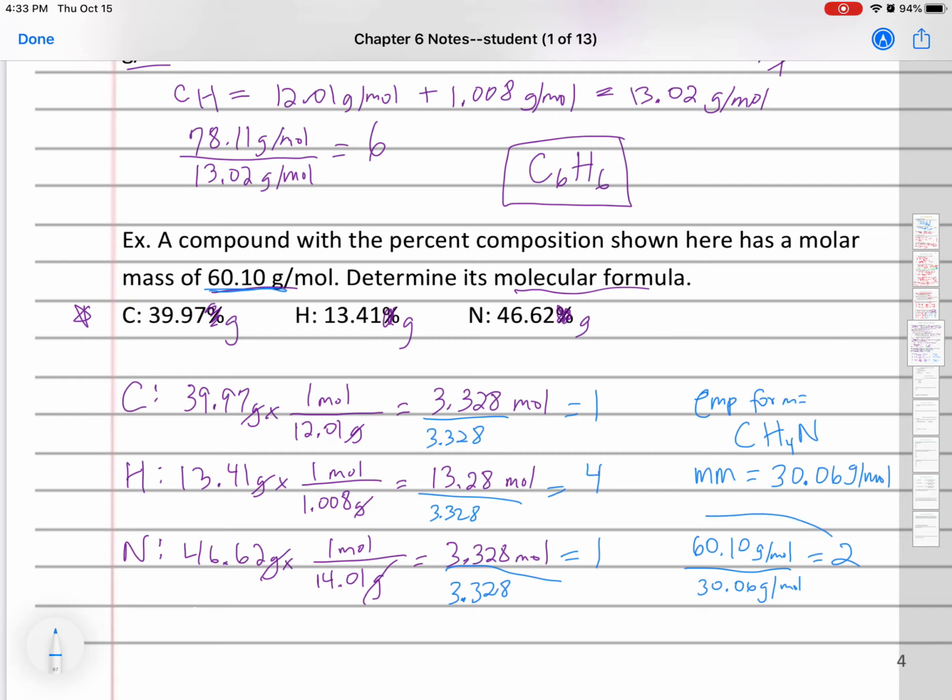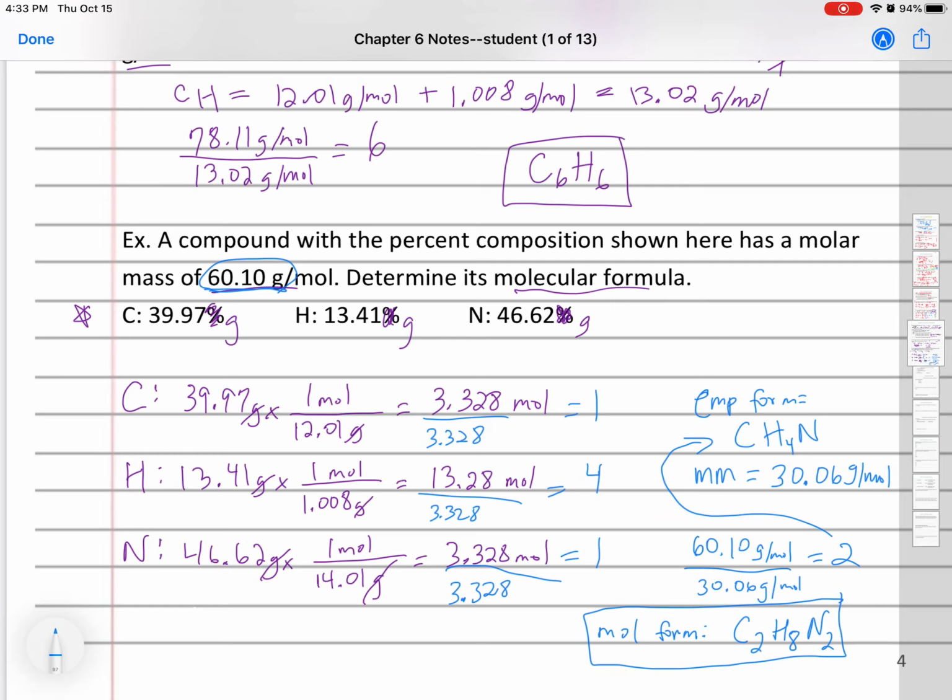So basically we need to multiply the empirical formula by 2. So the molecular formula would be C2H8N2. We multiplied all of those subscripts by 2. We can only find the molecular formula if we are given the molar mass of the molecular formula.